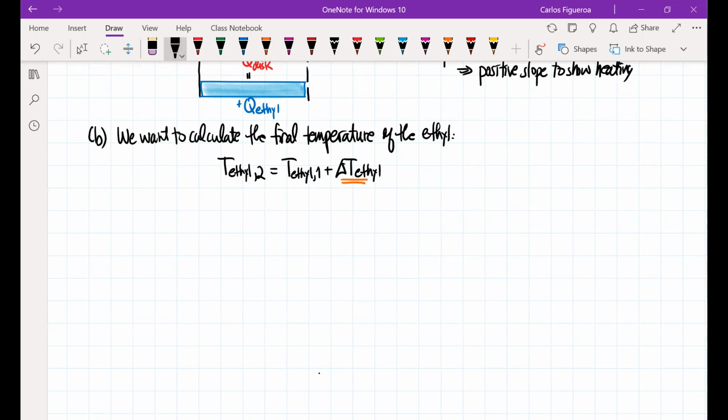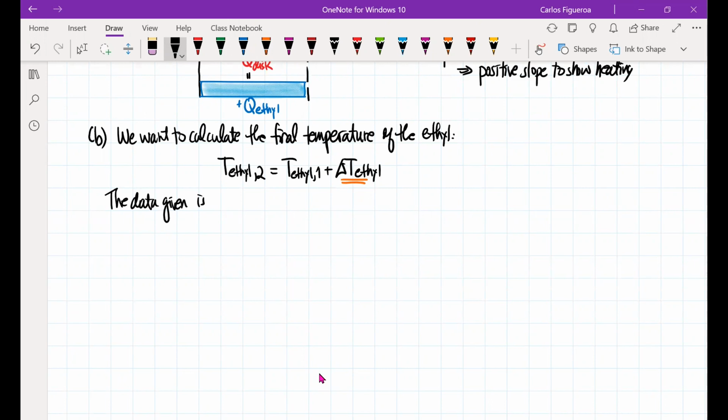So now, the data given is what? We have the specific heat and the mass of each of the objects here.